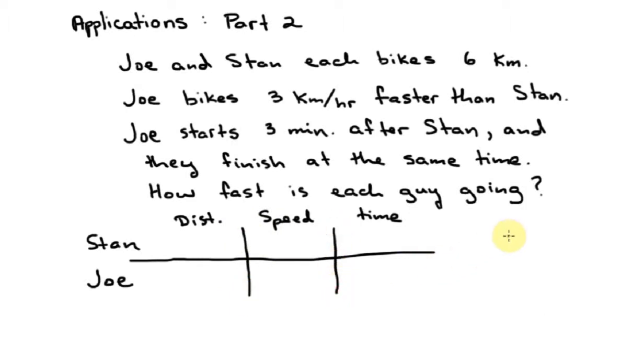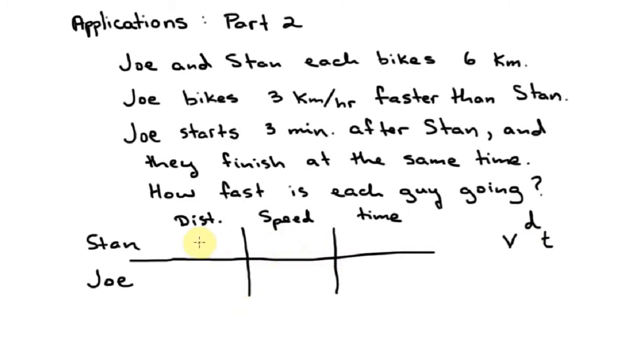Now I'm going to use a very important little relationship. All speeds or velocities, like say 80 kilometers per hour. Now kilometers is distance, per hour is time. So kilometers per hour, like 80 kilometers per hour. This is our relationship, and it's a way to minimize the amount of variables when we fill in the table.